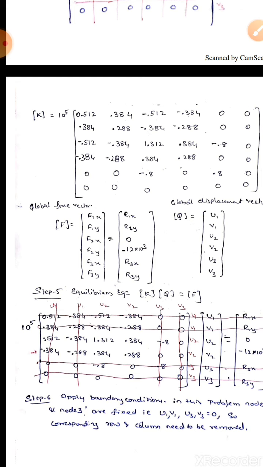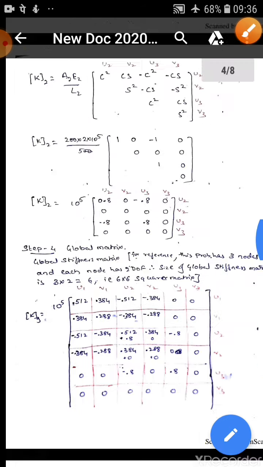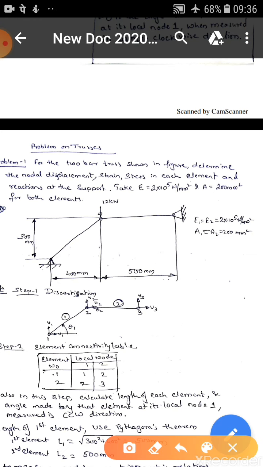After writing the global stiffness matrix, the global force vector F has to be written. F is what we discussed earlier: F1x, F1y, F2x, F2y, F3x, F3y. That is the force at node 1 in the x direction, force at node 1 in the y direction, and so on. Seeing my problem, the force at node 1 in x direction is 0, and in y direction is also 0.